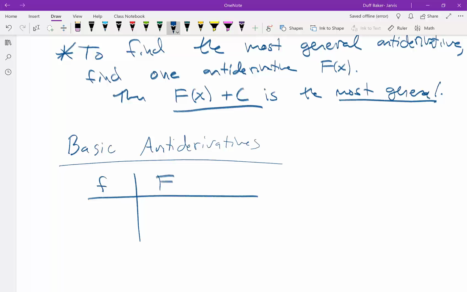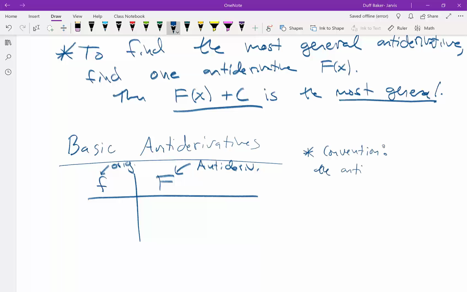But little f will be the original, and capital F will be the antiderivative. So this is sort of a convention.